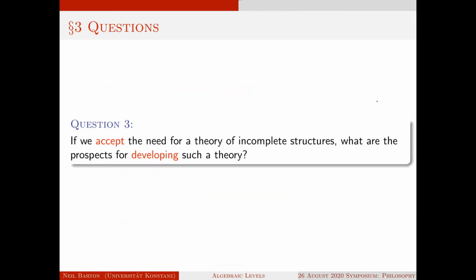Right, so given those questions about the advantages or disadvantages of a theory of incomplete structures, a third question that I'd very much be keen to hear people's thoughts on is, if you accept a theory of incomplete structures, what are the particular prospects for developing such a theory? So, what kinds of theories of incomplete structures can we come up with, and how do they function?